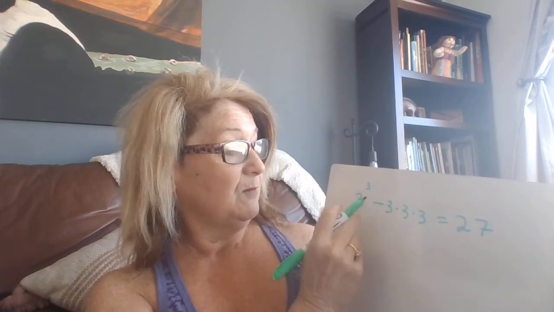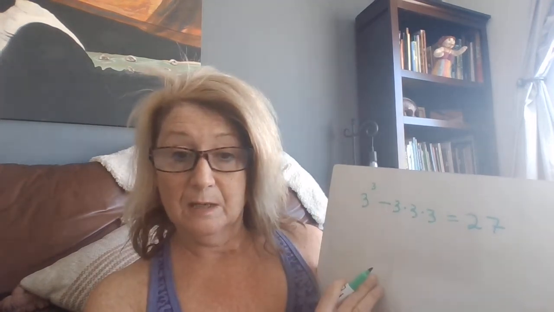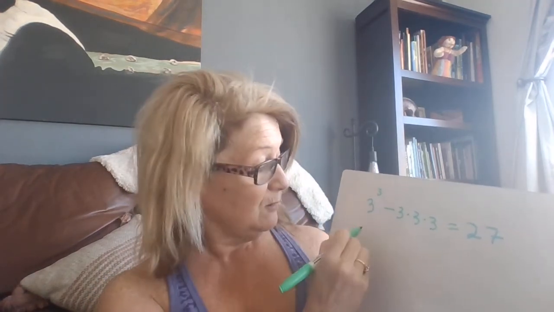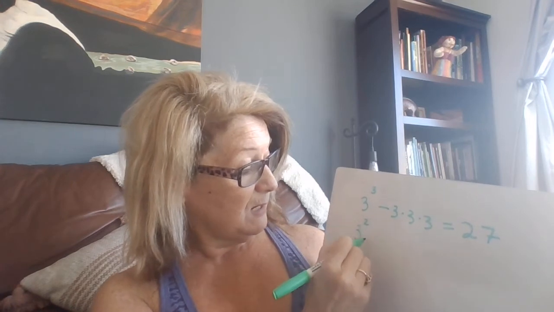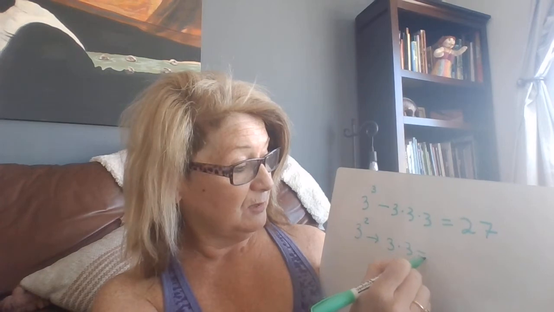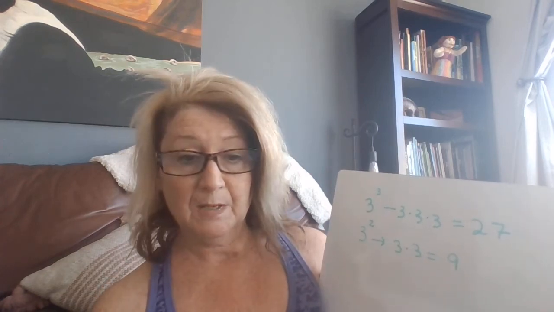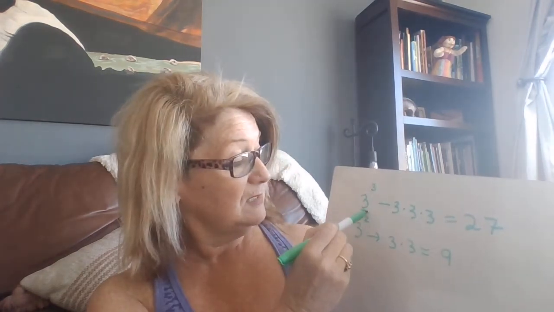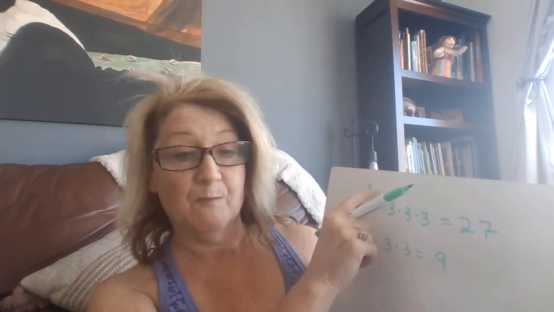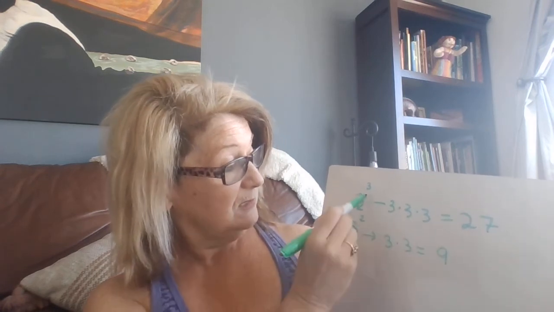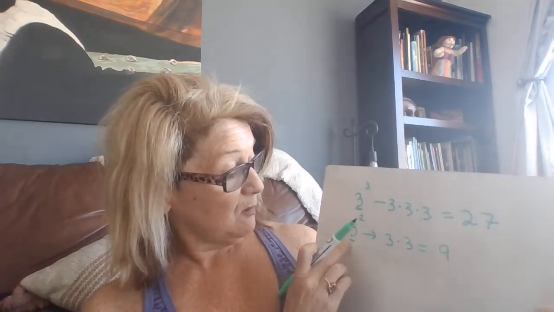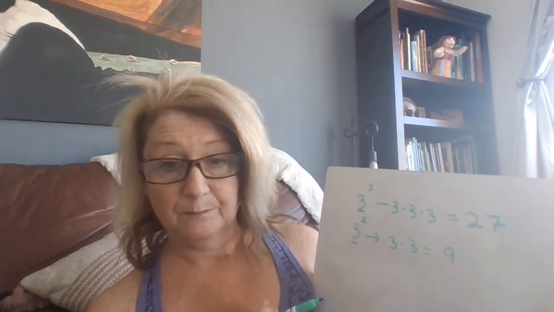And so that would be 3 to the third power, or 3 cubed, instead of 3 squared, which would be 3 to the second power. 3 squared would be 3 times 3, which equals 9. And what we need to see is that this is our base number that we start with, and then we are either cubing it, placing it to the third power, or squaring it, okay?